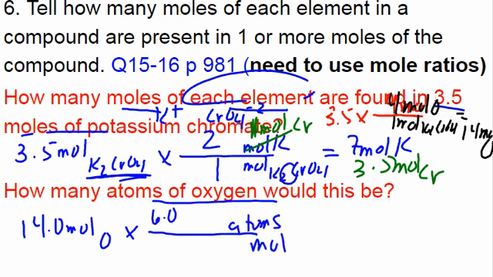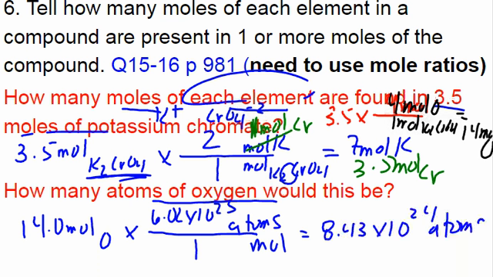So I put Avogadro's number on top, the 1 mole on the bottom. And I take the 14 times 6.02 times 10 to the 23rd, a big number. So this is going to be 8.43 times 10 to the 24th atoms of oxygen.